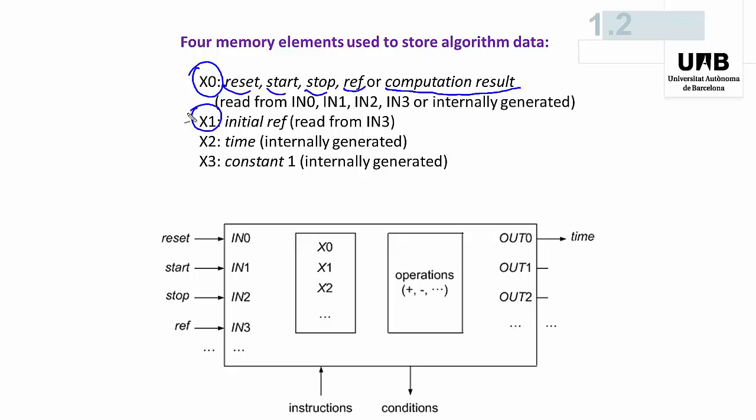X1 is used to store the initial value of the reference signal, initial value within a loop. X2 stores the value of time, the internally stored value of time, and X3 stores constant 1.